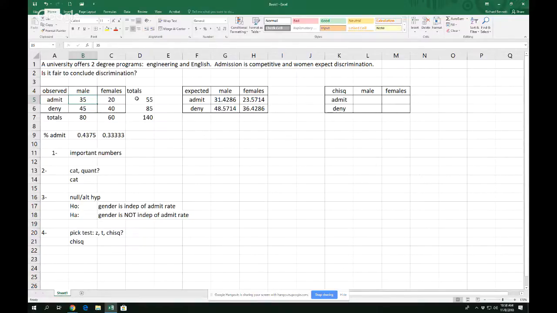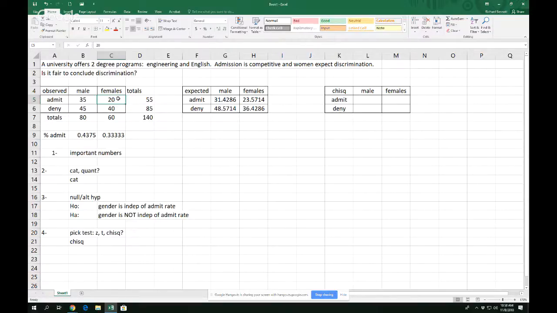Let's look at this number here. If there was no discrimination going on, we would have expected 23.5 women to be admitted. Only 20 women were admitted, so it looks like 3 fewer women were admitted. So it looks like fewer women and more men are being admitted, right? And you can keep doing that with the other ones. So it still looks like there might be some discrimination going on.